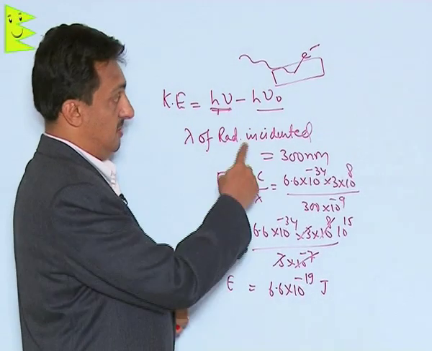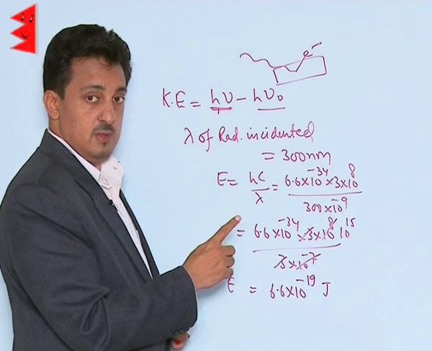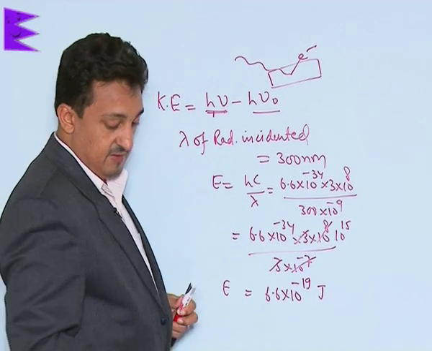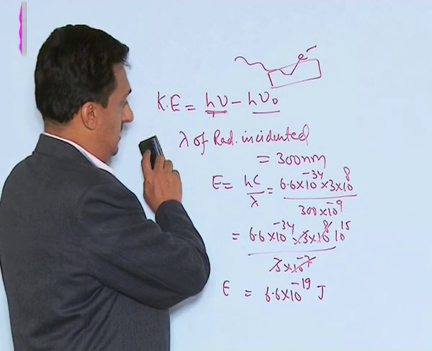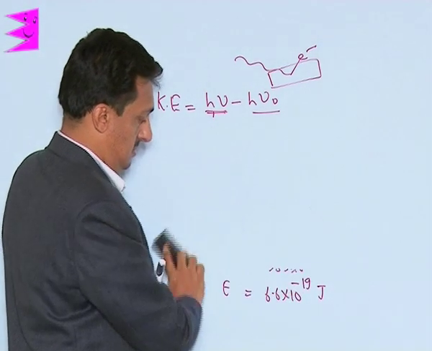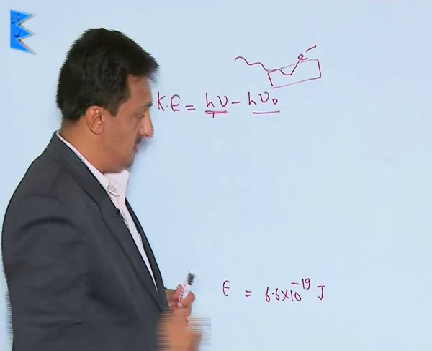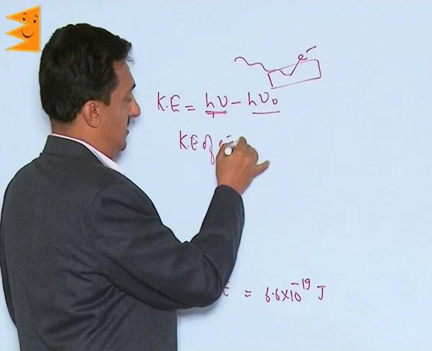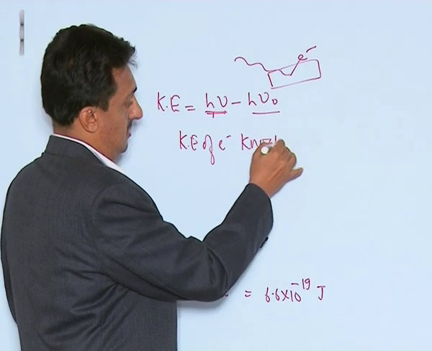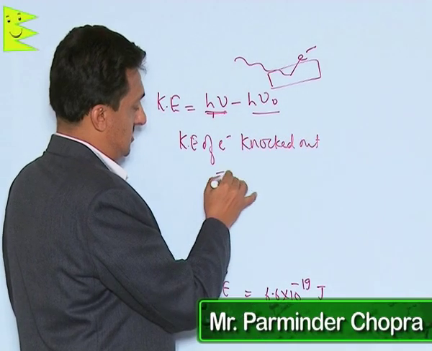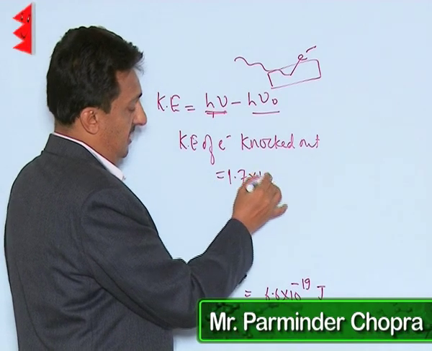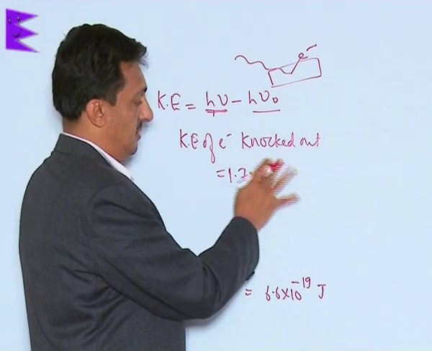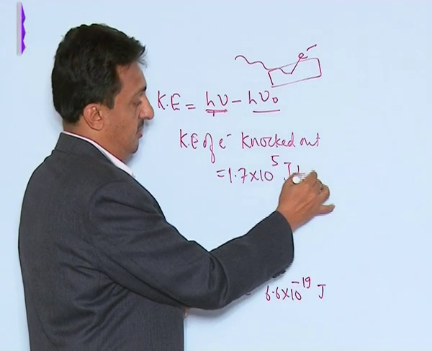So this is the energy of the radiation. Now we are given the kinetic energy of the electron knocked out, which is 1.7 into 10 to the power 5 joules per mole.